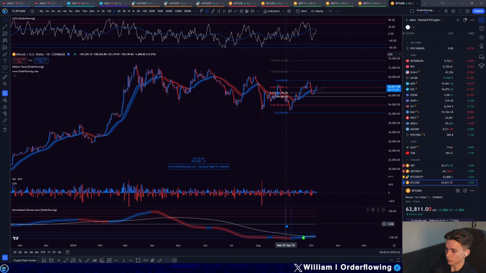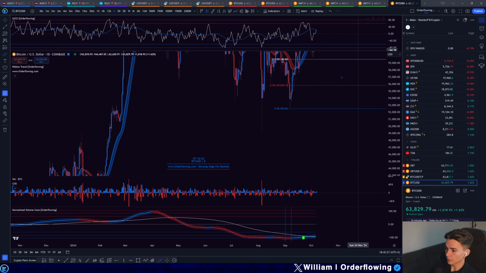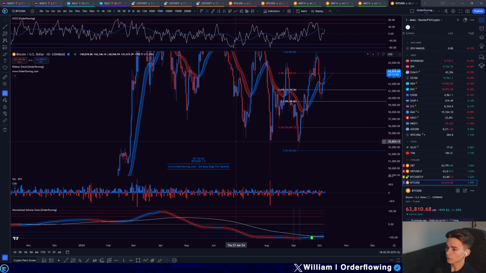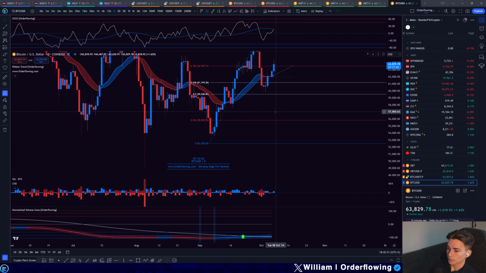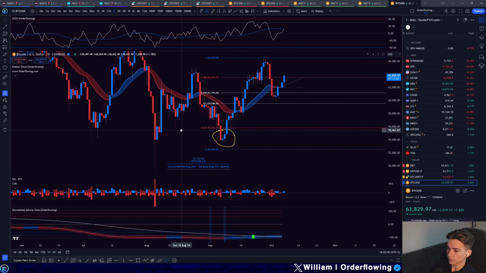We had the oversold condition print twice. So at this retracement, let me zoom in here. At this retracement on the weekly calculation on the volume zone, we had the oversold condition printing, and now we have the divergence on the bullish side.